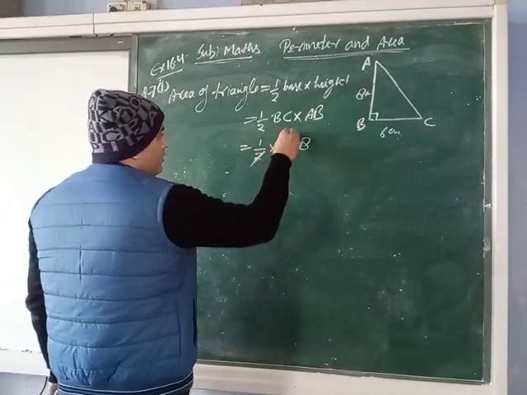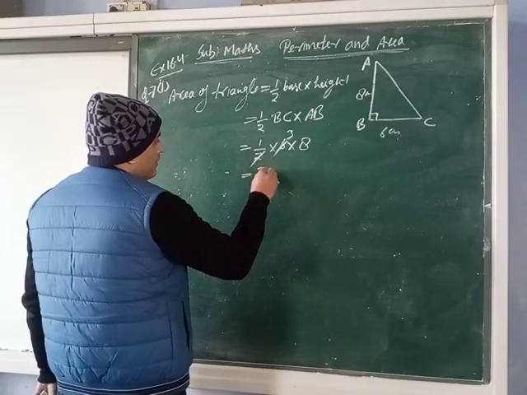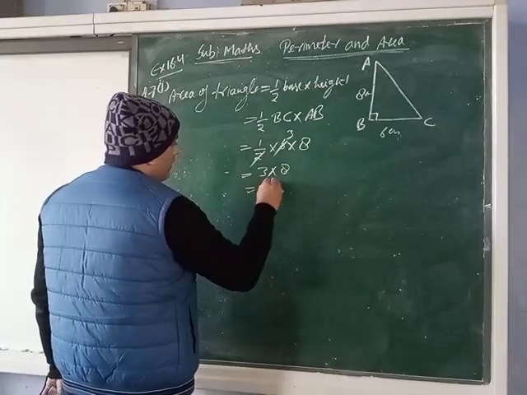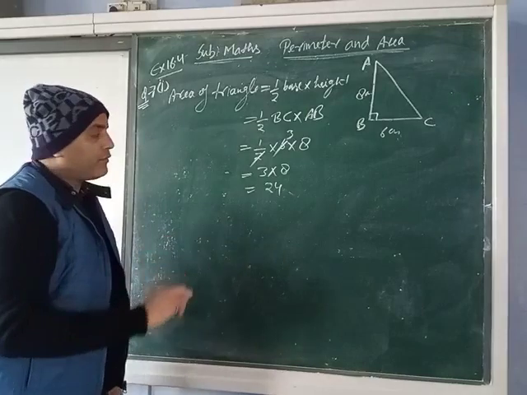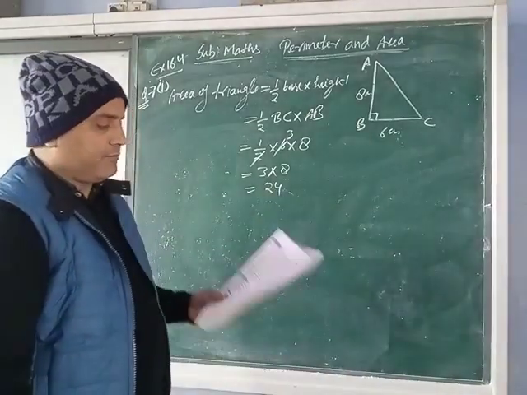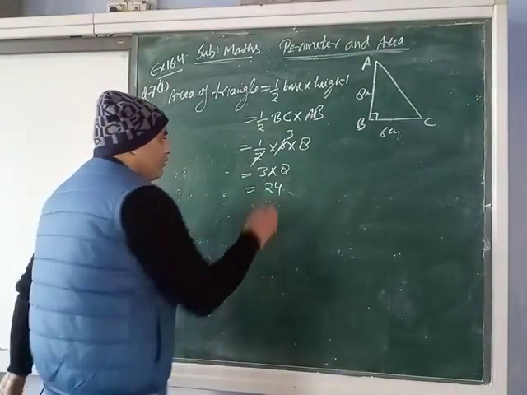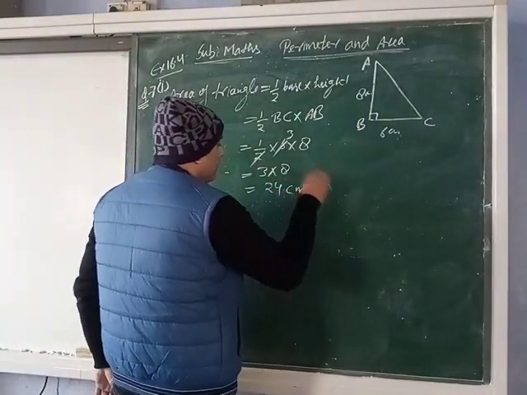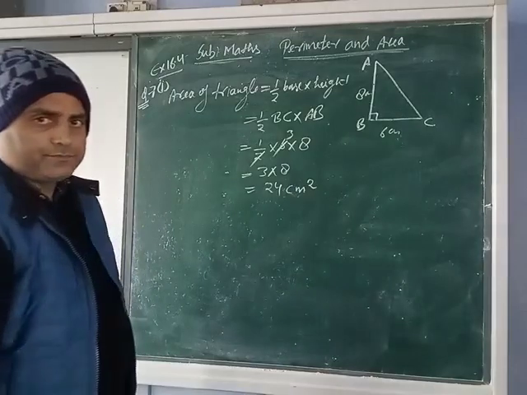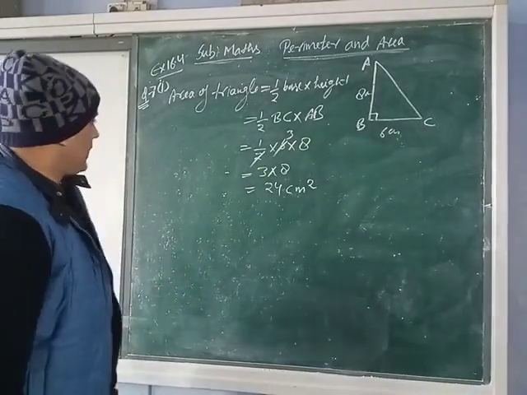Now 2 3s are 6, 3 into 8 is 24. The unit is centimeter square, because when we find area, the unit will be centimeter square. Okay? Next, second.